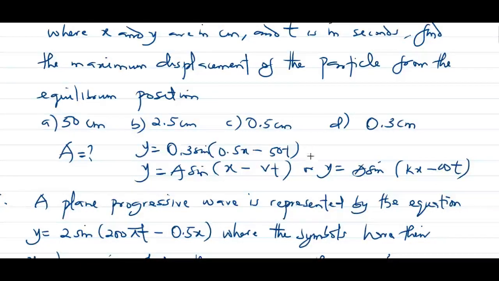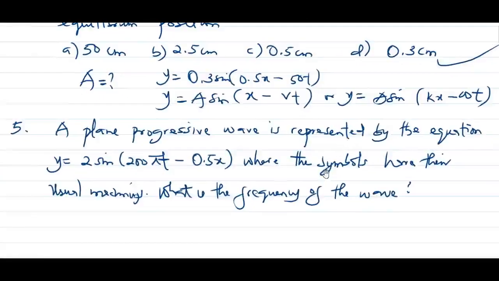So if we compare this one in bracket with this one in bracket, we can say k, our wave number, is equal to 0.5, and our omega is equal to 50. Then it means that our a is equal to 0.3. So the amplitude of this question is 0.3, and that makes option D the correct answer.